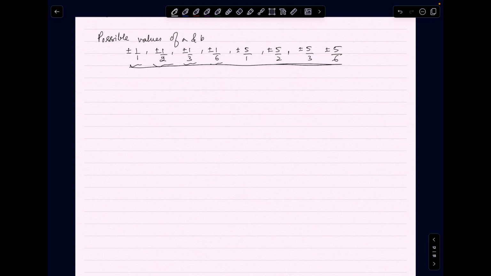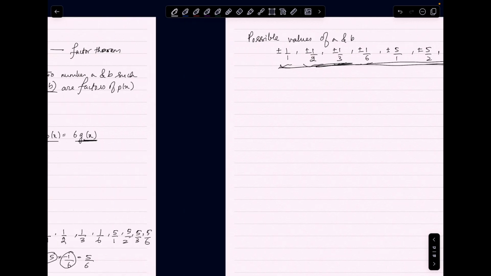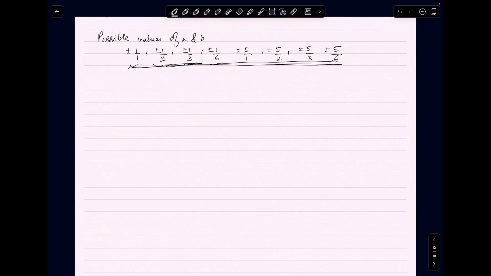For every number you have to check which numbers give the value of the polynomial, that is g(x), equal to 0.